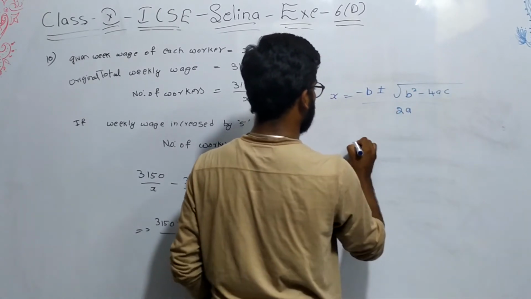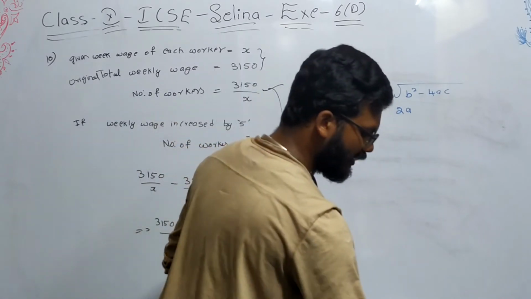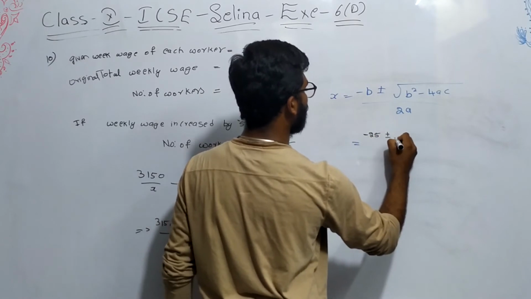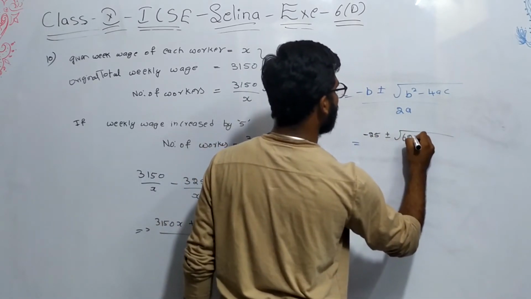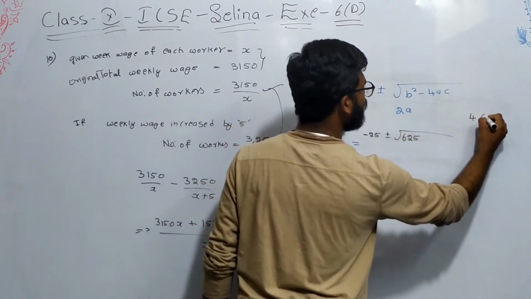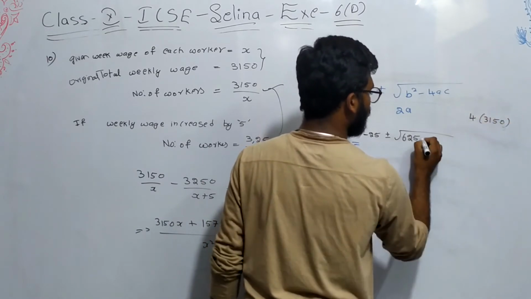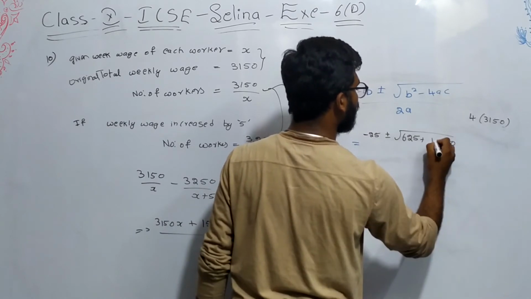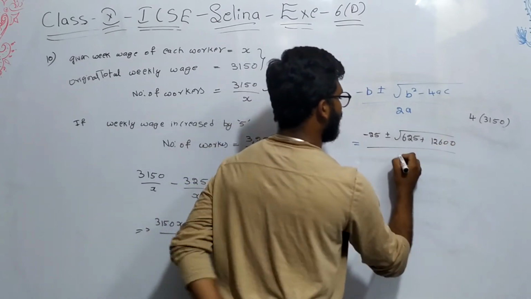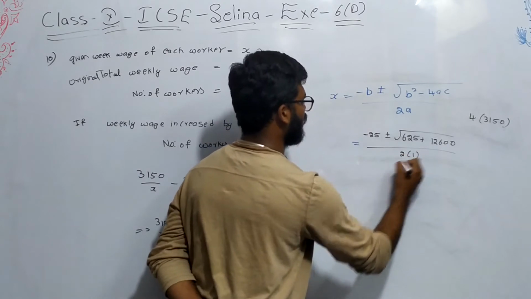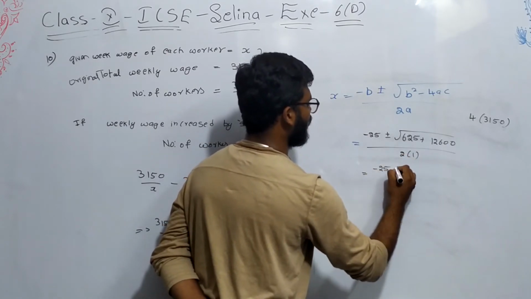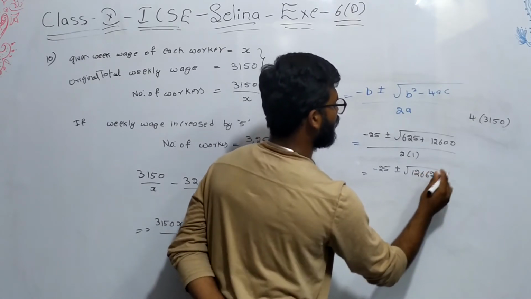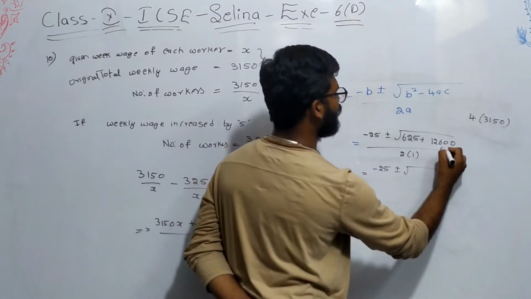What is b here? b is 25, so minus 25 plus or minus root of b square, 625, plus 4 into 3150, which is 12,600, by 2a, 2 into 1. So minus 25 plus or minus root of 13,225, by 2.